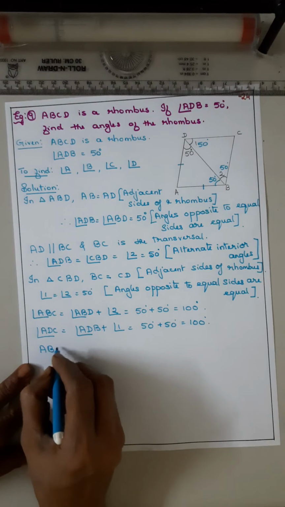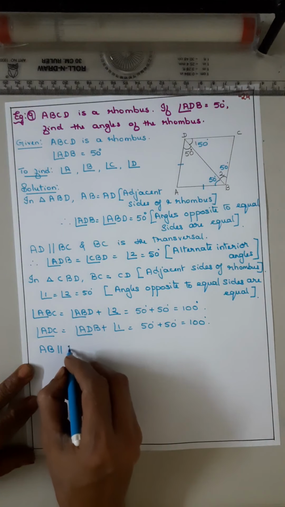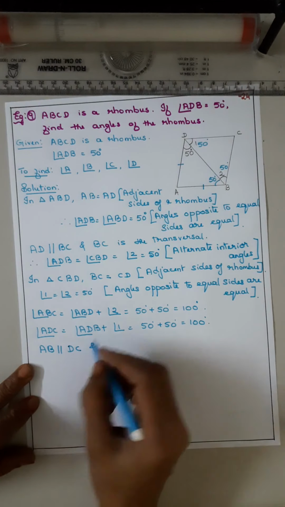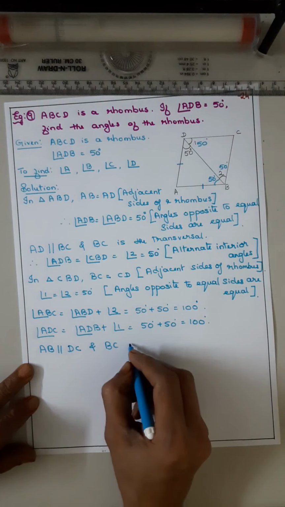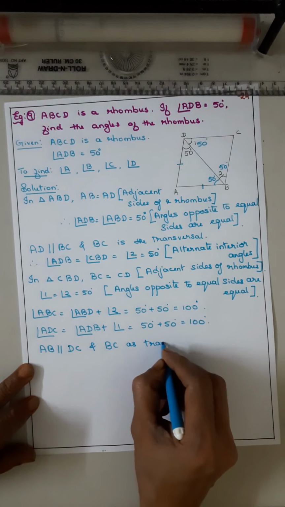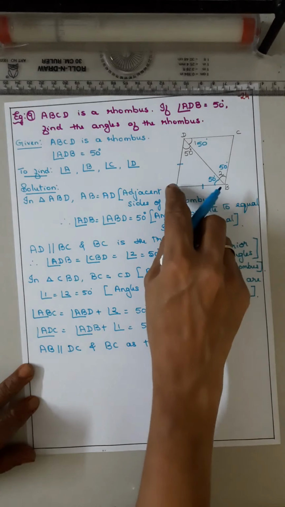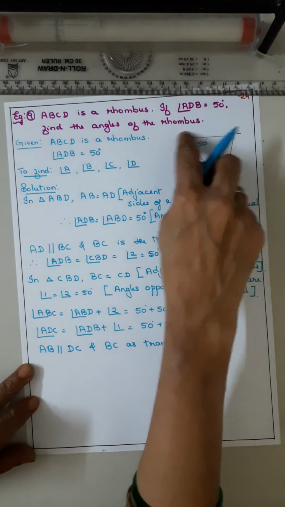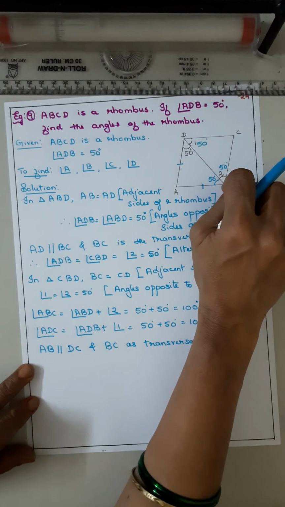AB is parallel to DC and take BC as transversal.